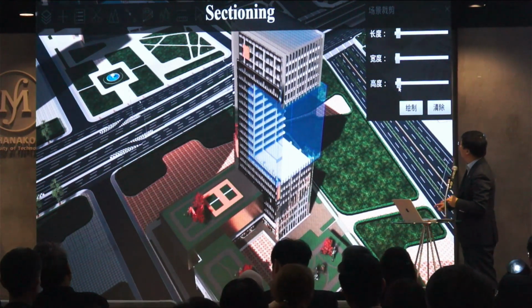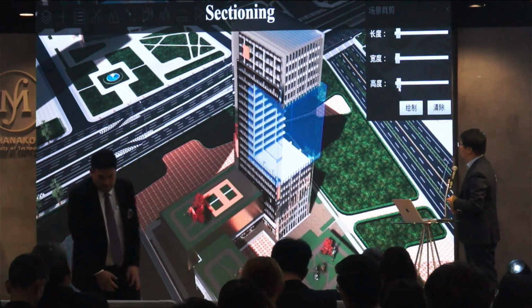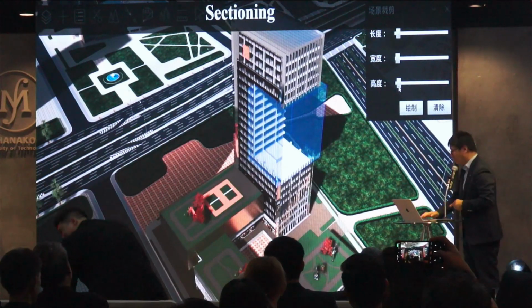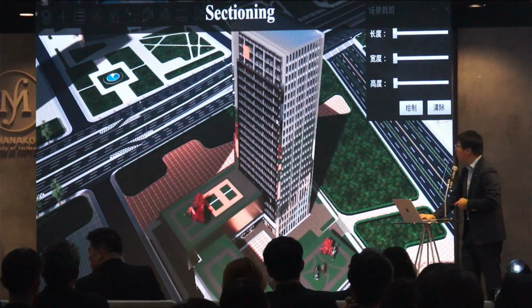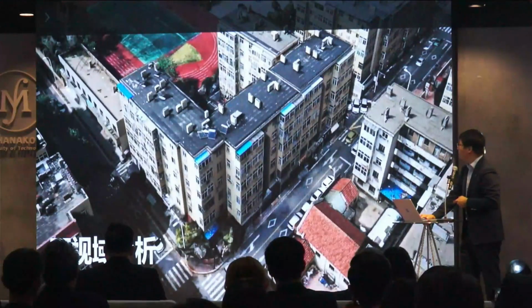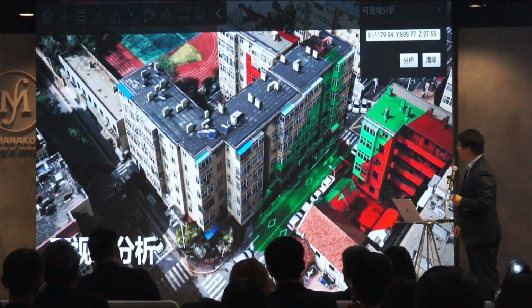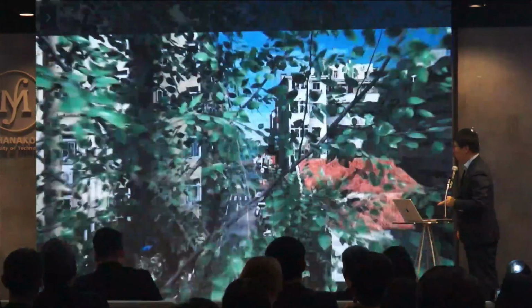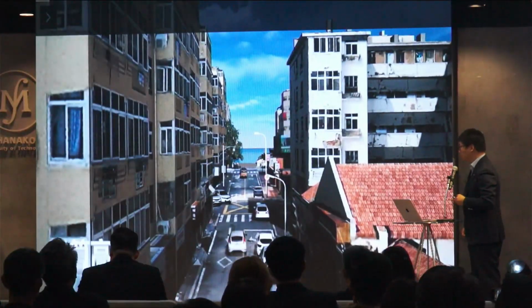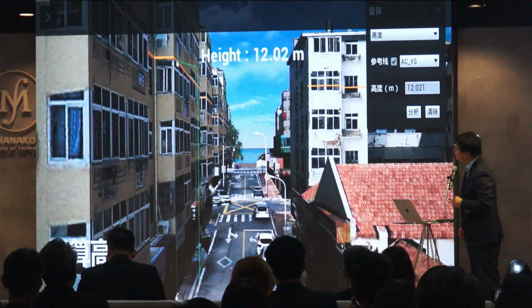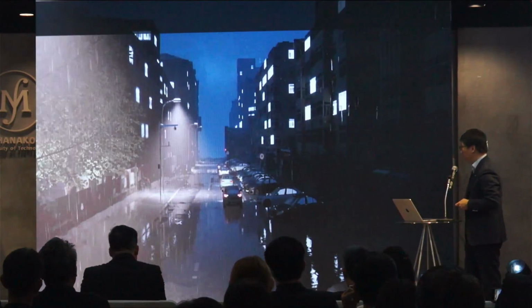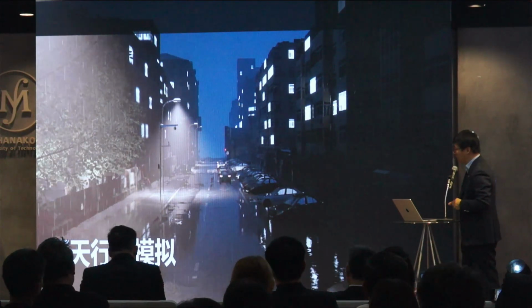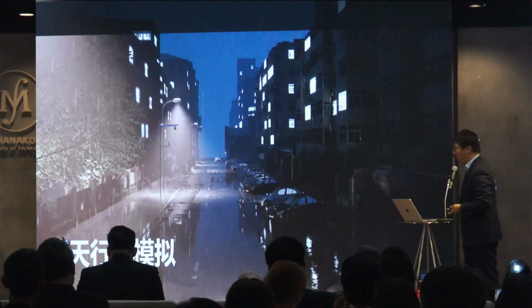We can adjust the length or the height to see the interior design inside the buildings. And this is another analysis tool, the viewshed, and height measurements. And the simulations about the weather.